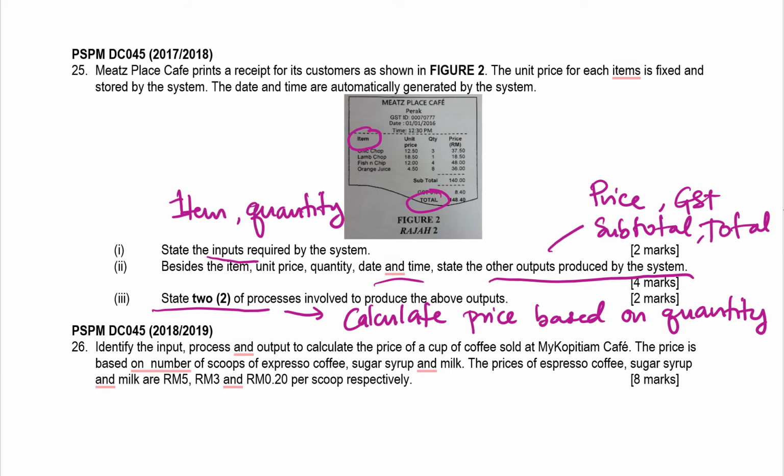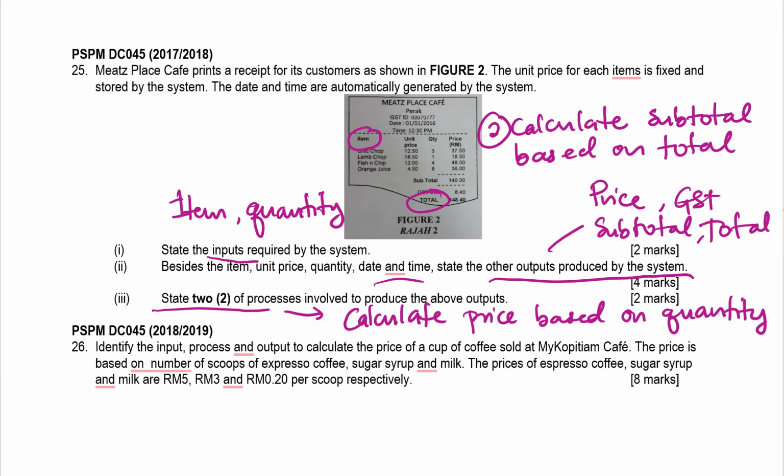And then the second process. So what is the second process? The second process is you have to calculate subtotal based on what? Based on, of course, total.